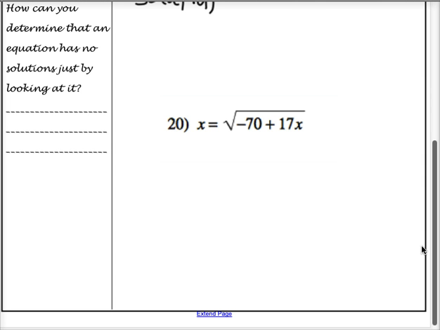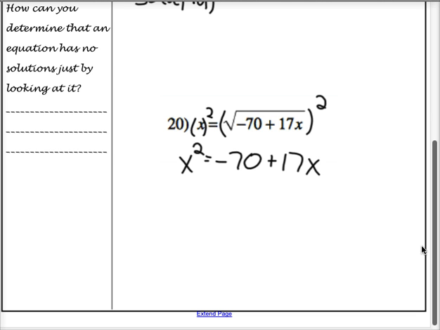All right, and finally, let's do one last one together before we end this note video. So, the radical is already by itself, so I'm going to square both sides. So we have x squared equals that. Remember, squares and square roots undo each other.